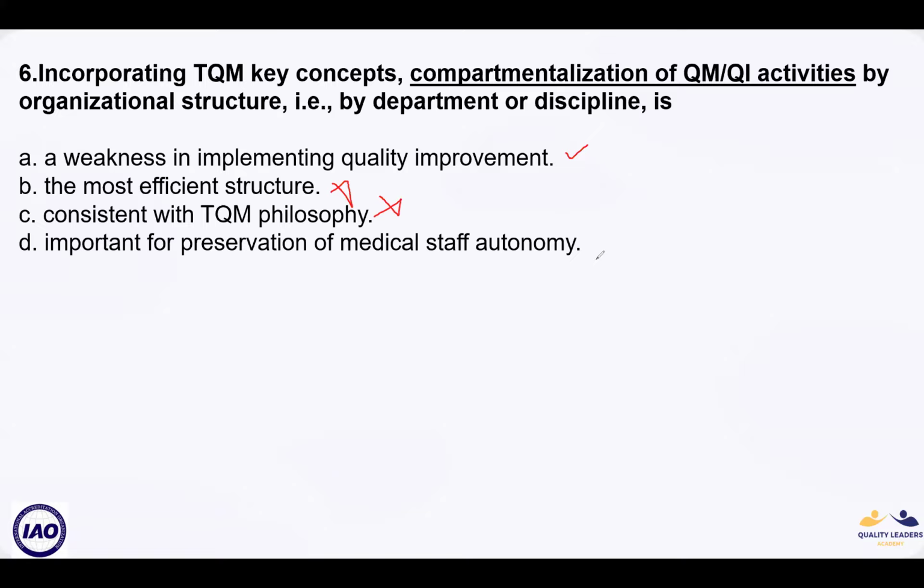Autonomy is preserved via participation, but not through isolation. So this is also not a TQM concept, and it's a weakness in TQM implementation rather. Okay. So looking at it, the correct answer is option A. The compartmentalization of QA activities department wise is a weakness in implementing quality improvement.